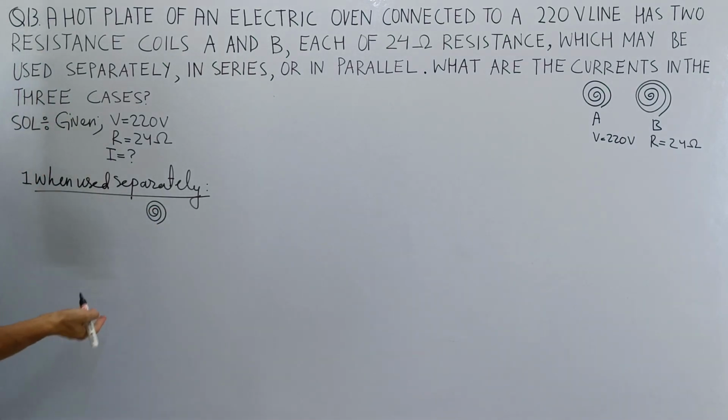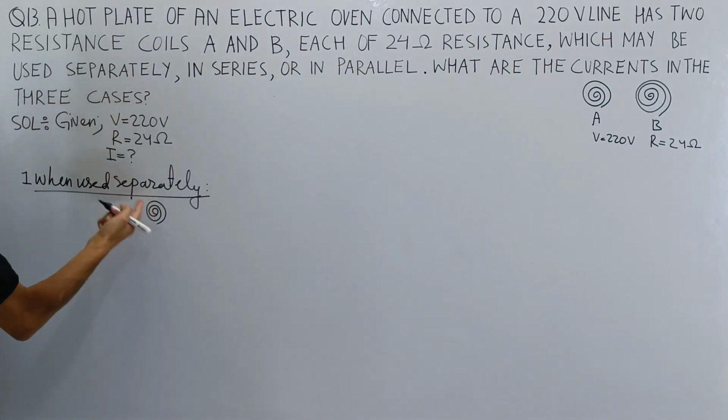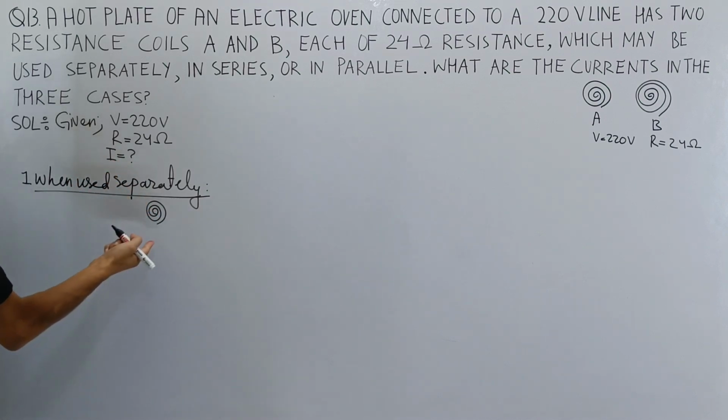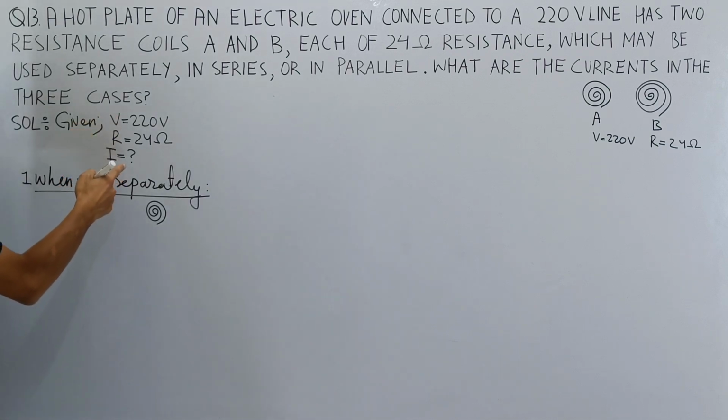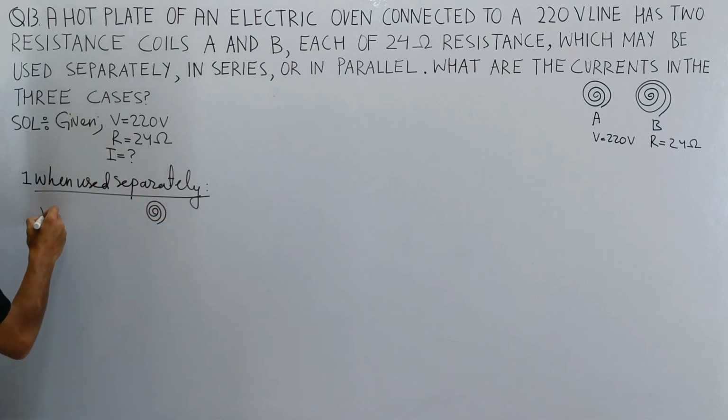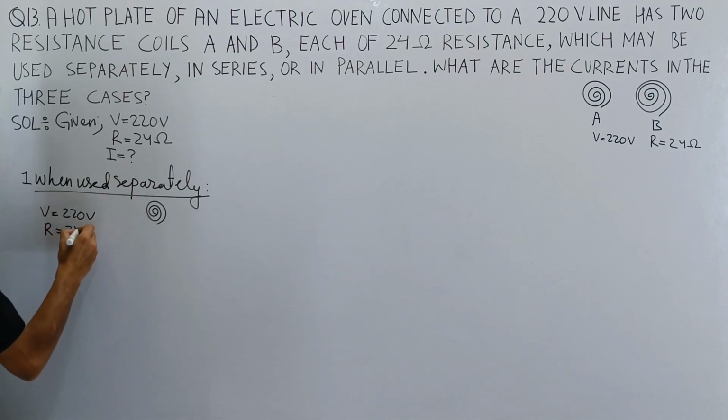When used separately, we know that the voltage is the same, the resistance is the same, and we are supposed to find the current. We can easily find the current using Ohm's law. When used separately, the voltage will be 220 volt, the resistance of this plate is 24 ohms, and we are supposed to find the current.